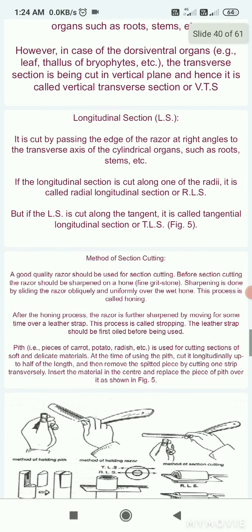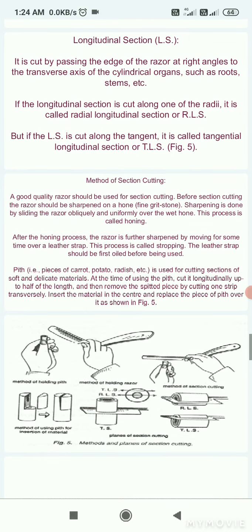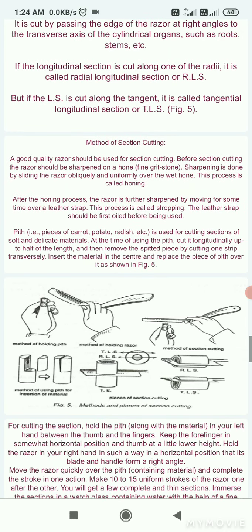But if the LS is cut along the tangent, it is called a tangential longitudinal section. So in this way we have to take different cuts into plant parts.